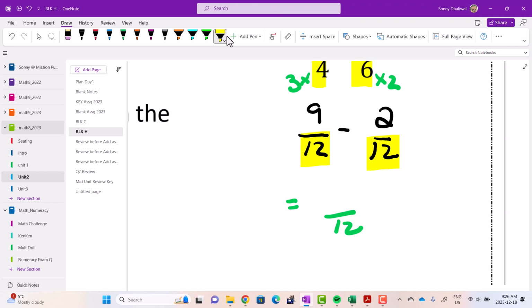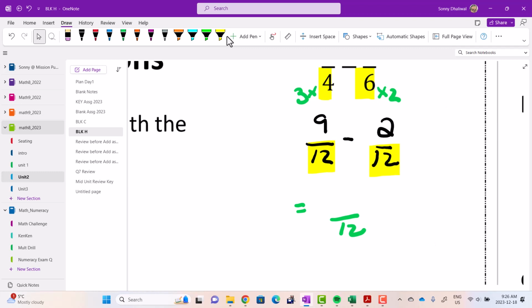So the bottoms stay, all right? So now the tops, we go just like we did on the first side of the page. 9 minus 2. What number is that? What's 9 minus 2? 7. Thank you, Eli.